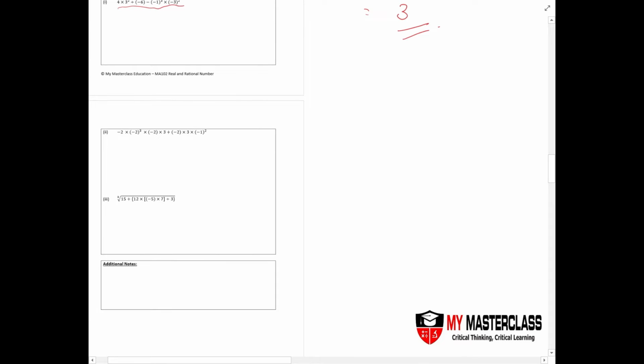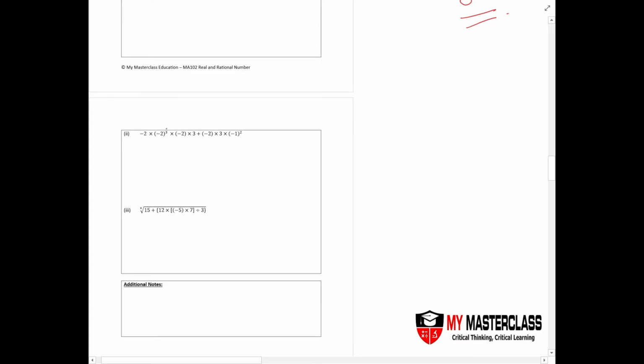Part 2 tells you it is negative 2 times negative 2 to the power 3 times negative 2 times 3 plus negative 2 times 3 times negative 1 square. Again, let's solve out all of those that are in the squares. So I know that this is a negative 8 and I also know that this is a 1.